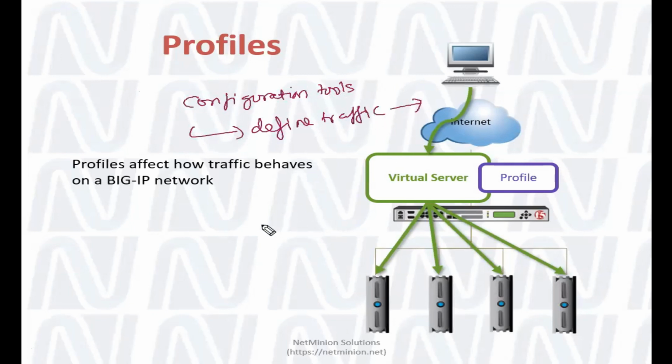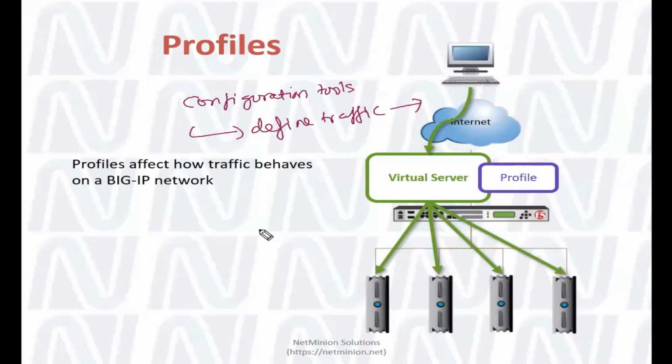Okay. Now, why do you want to define the traffic? Because as per the traffic behavior, we can use the traffic settings which can be more efficient from the application perspective.